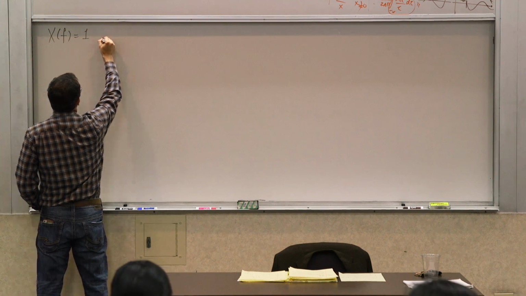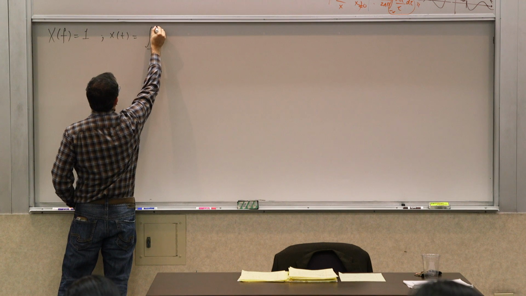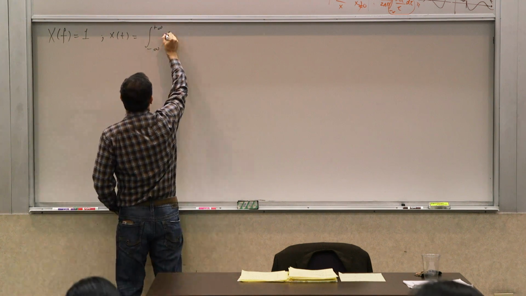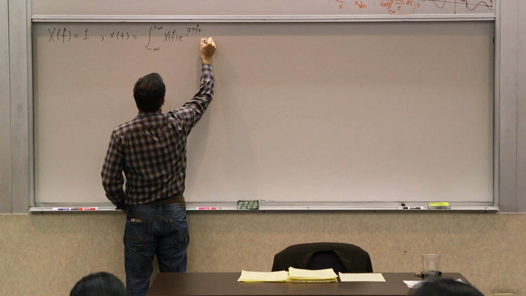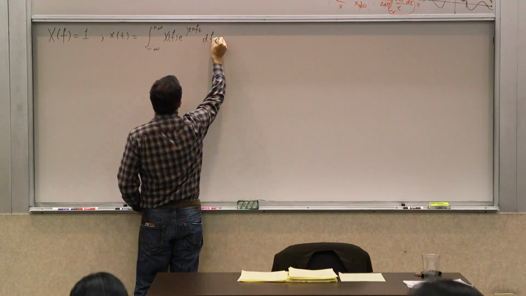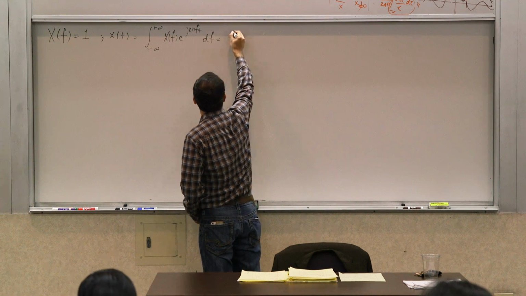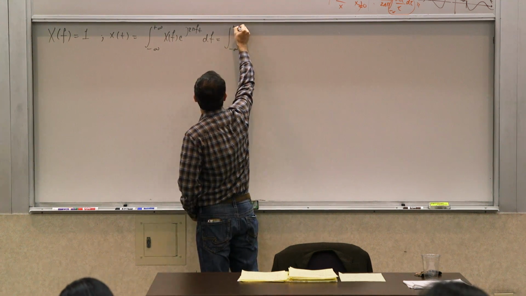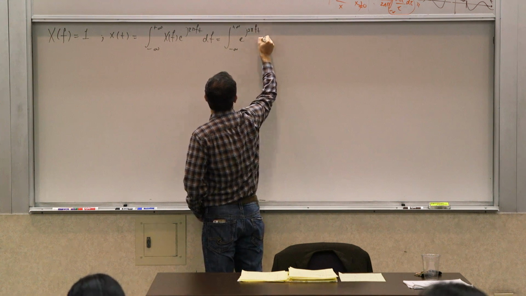We say x of t is the integral from negative infinity to positive infinity of X of f e to the j 2 pi f t df. And this is 1, so I don't need to worry about that. So I'm left with this integral that now we know how to calculate, so I don't need to redo that.